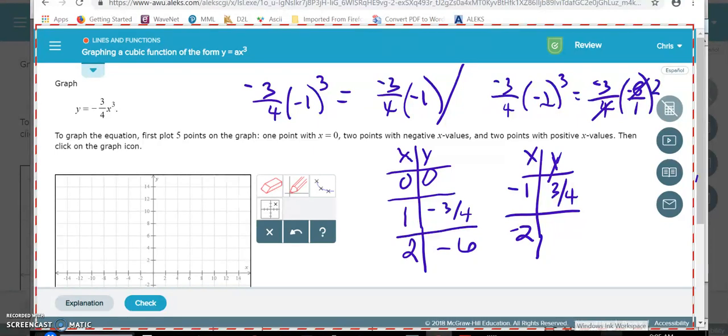So I've got negative 3 times a negative 2, which is equal to a positive 6. So now I need to get over to ALEKS and plot those points, and we can do it using the tool that lets you type in the ordered pairs. Alright, so let's go over there and do that.